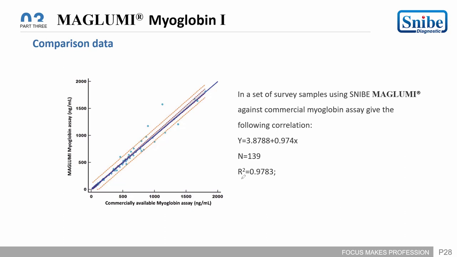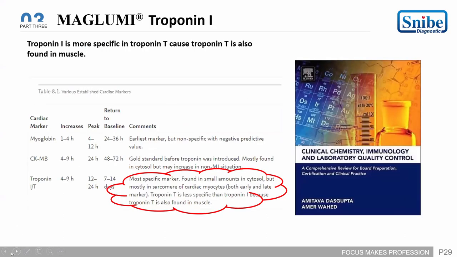The regression value is 0.978, which shows an excellent correlation between the commercially available myoglobin assay and the Meglumi myoglobin assay of first generation. As you know, the second generation has some improvement in terms of methodology and linearity.